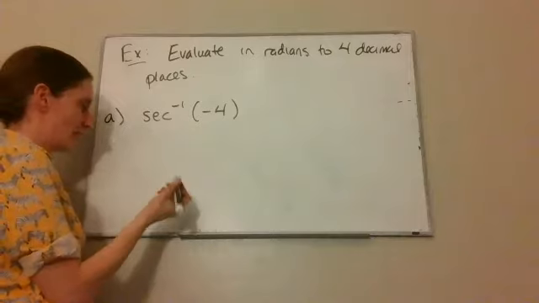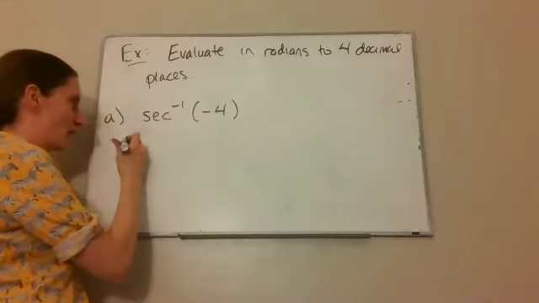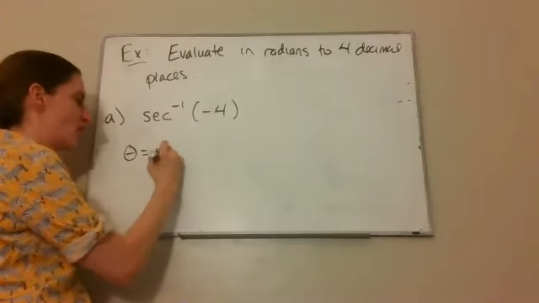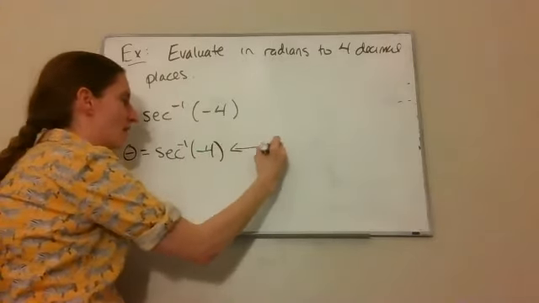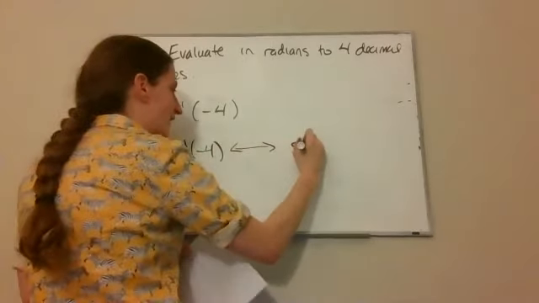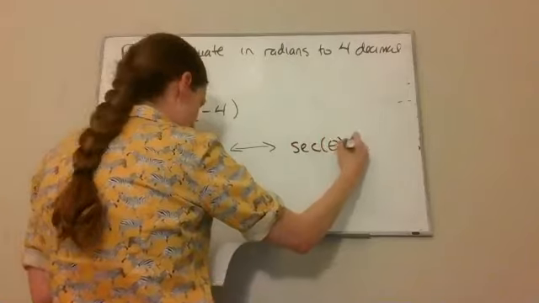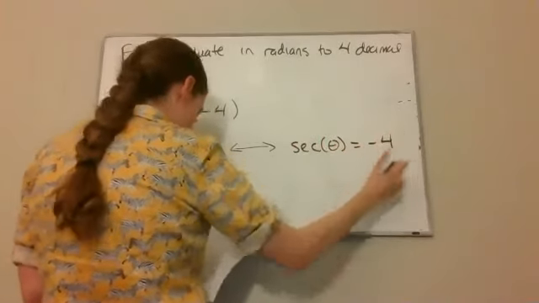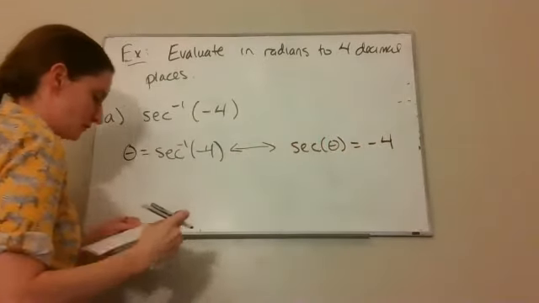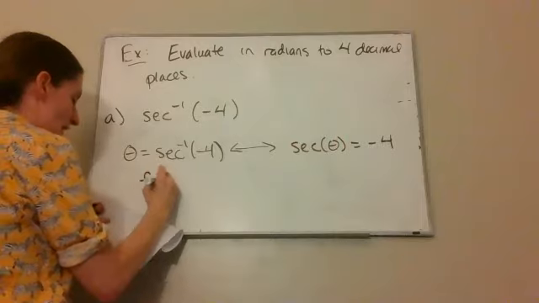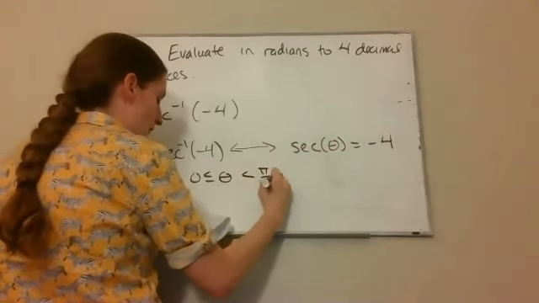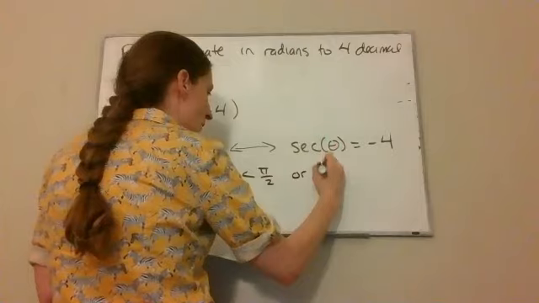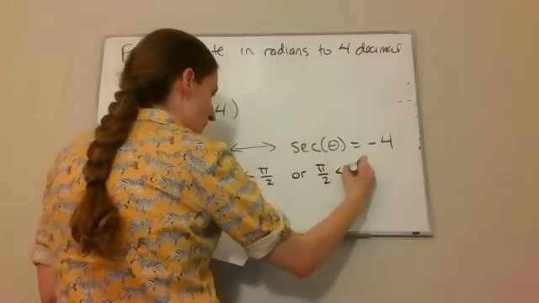Now, what this means is secant inverse of -4 is equal to theta. That's the same exact thing as secant of theta equals -4. And we know that our theta has to be between 0 and pi, but not equal to pi/2.